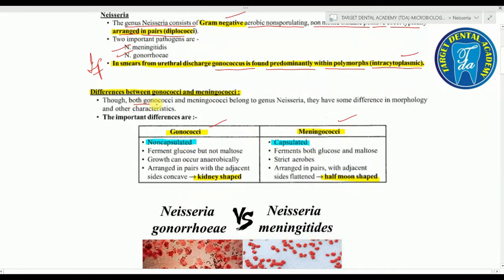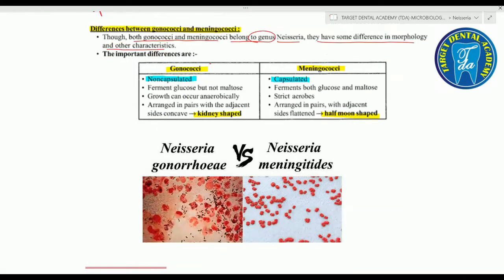Though both the gonococci and the meningococci belong to the genus Neisseria, they have some differences in morphology and other characteristics. First, the gonococci are not capsulated, while the meningococci are capsulated.